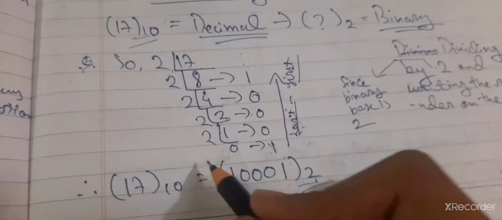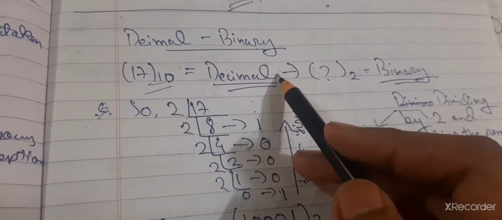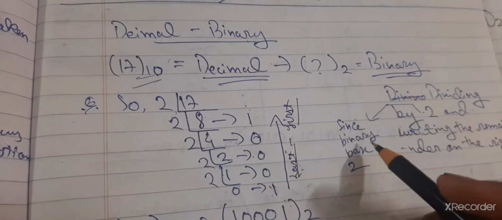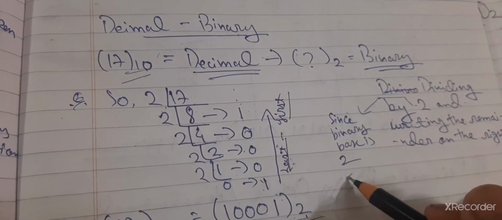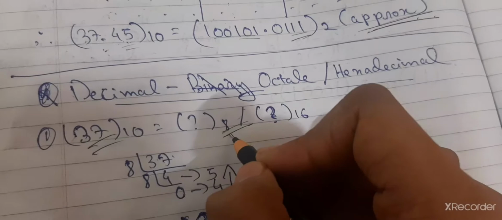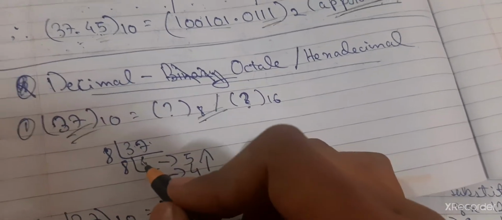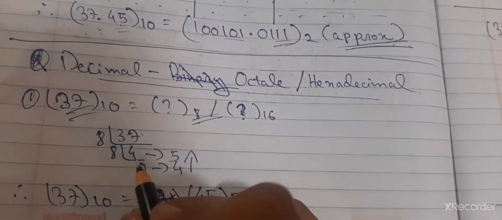Now as we have done during decimal to binary, since the binary base is 2, we always divided with 2. Here also, since the octal base is 8, we will divide the number with 8. I hope that is clear to all.